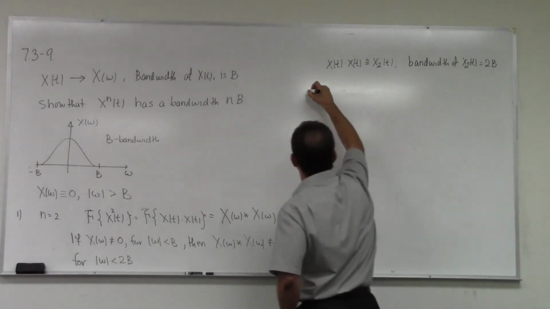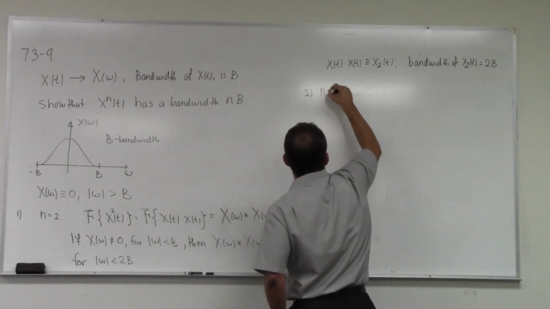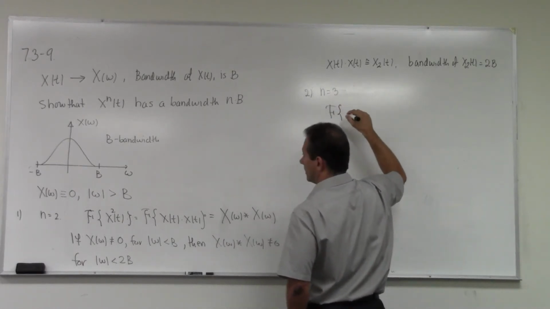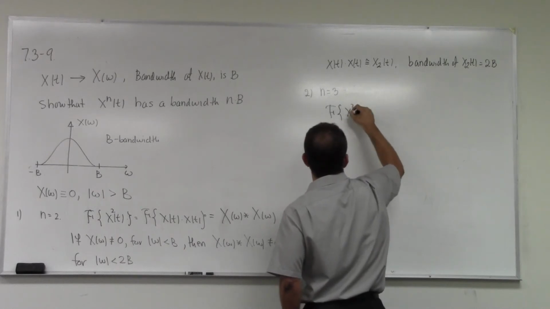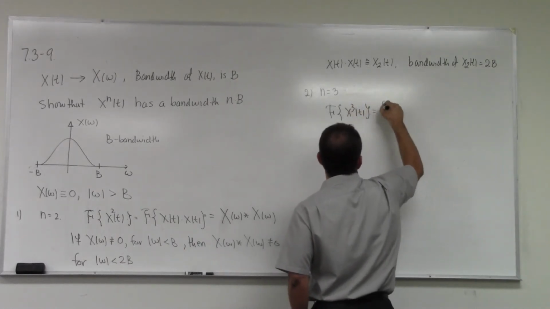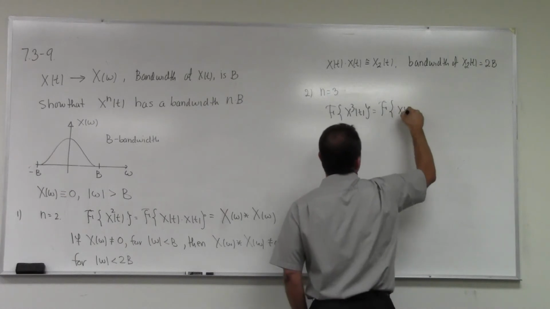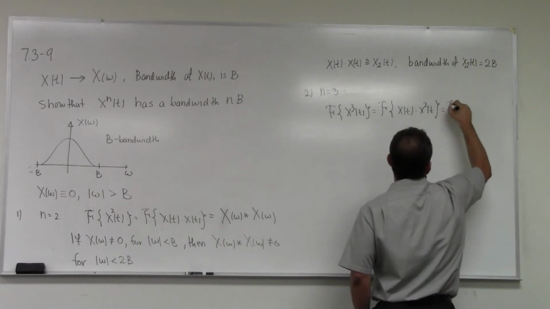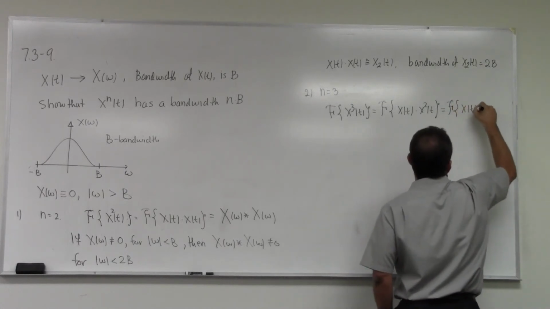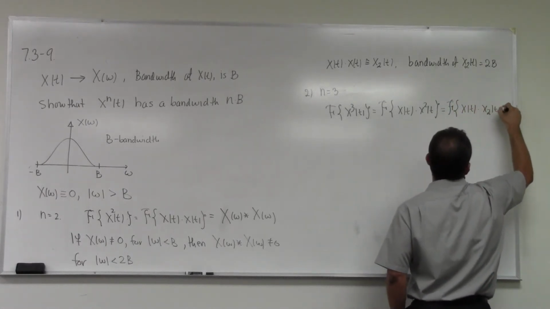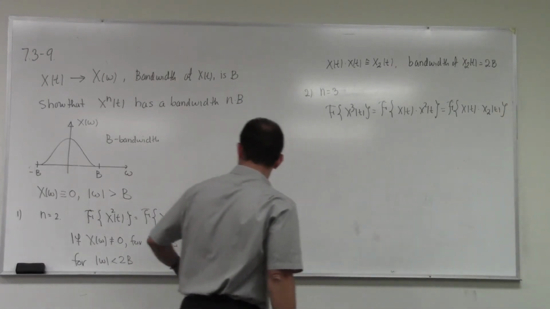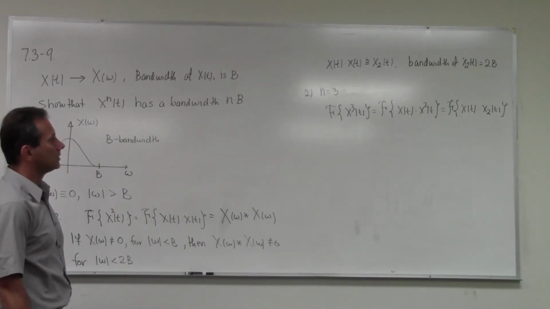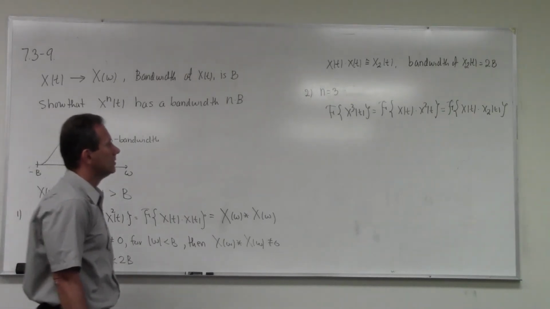Now let's take a look at n equal 3. We're now looking for the Fourier transform of x cubed of t, which I can see as the Fourier transform of x of t times x squared of t, which is the Fourier transform of x of t times x2 of t. Right? x2 of t being the signal x squared of t, for which I already determined the bandwidth of the Fourier transform in the frequency domain.